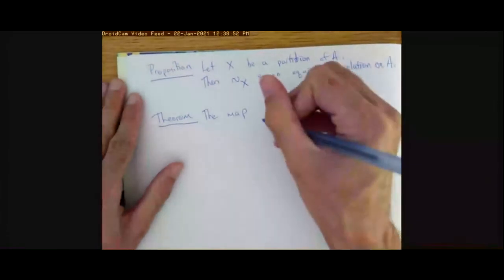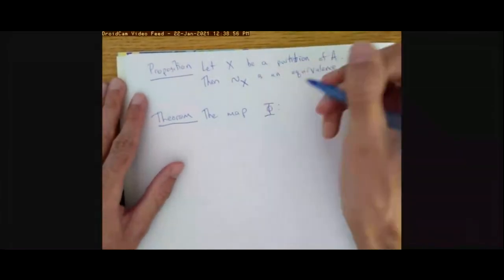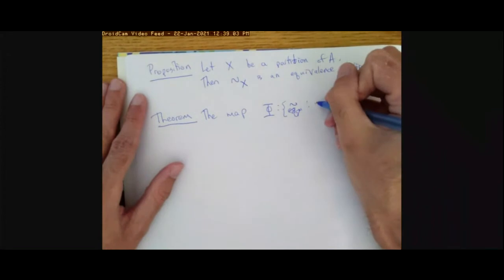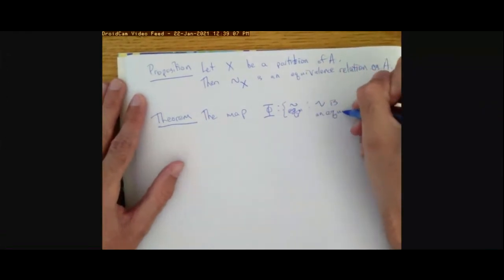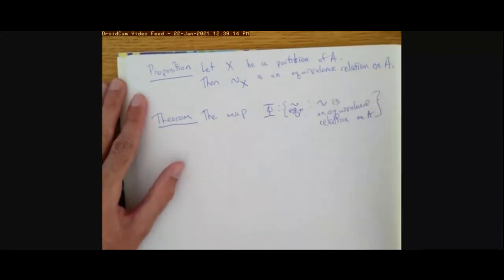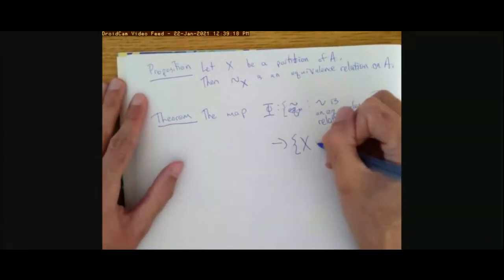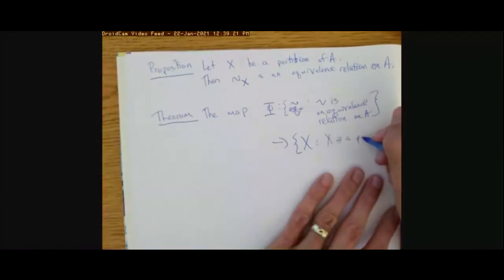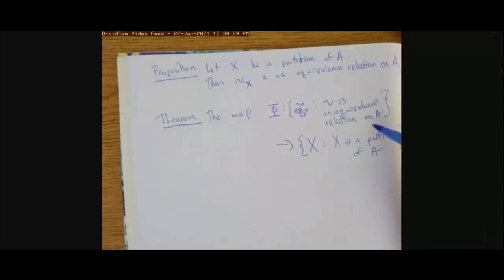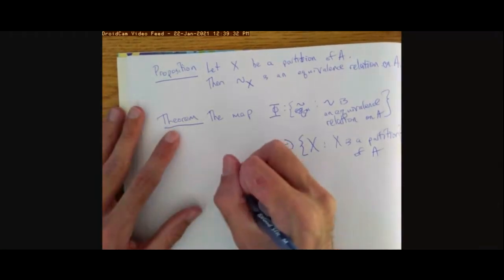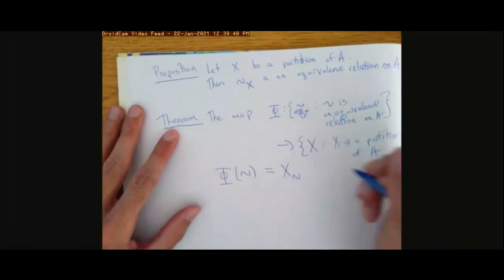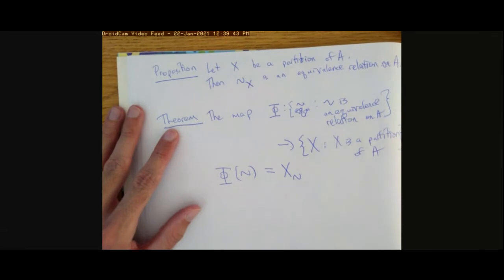The map phi from equivalence relations to partitions: we can define a function, and the rule is just to take an equivalence relation and split A up into equivalence classes.